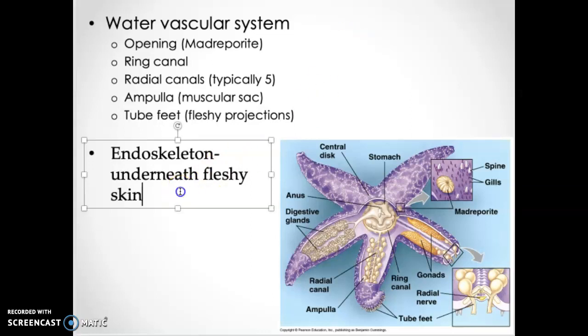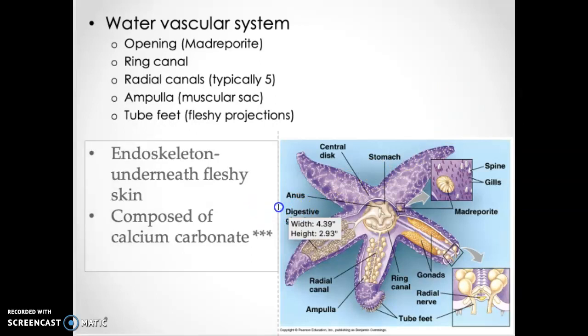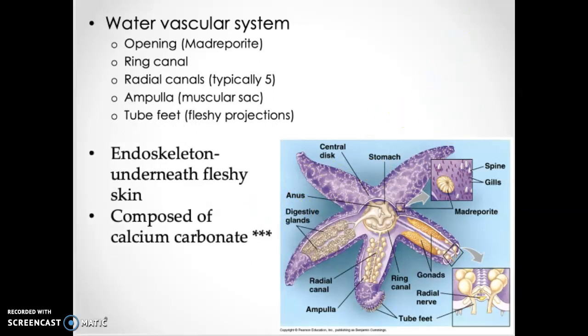Now, the endoskeleton is going to be composed of calcium carbonate. I want you to pay attention to calcium carbonate. It doesn't seem like a big deal. Like, who cares? It's calcium.